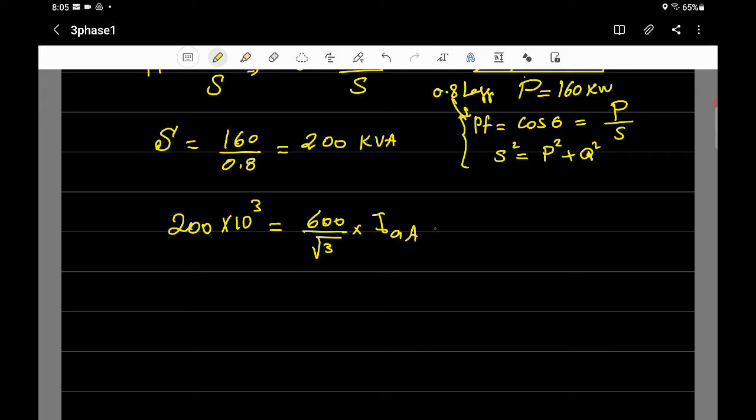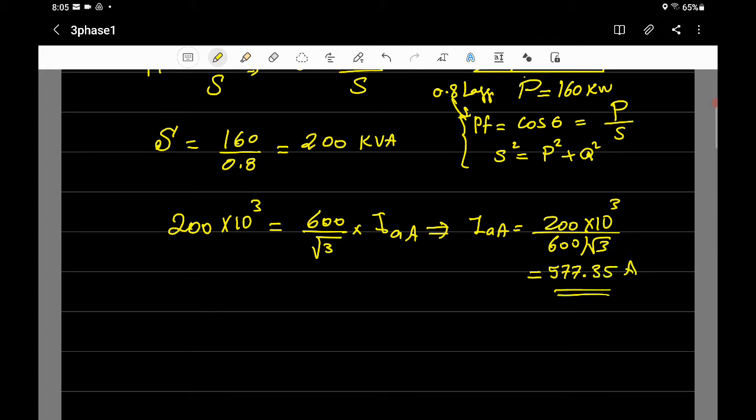So you can find the current IAA magnitude. You divide 200 times 1,000 by 600 divided by root 3. What you get is 577.35 A. That's the magnitude.